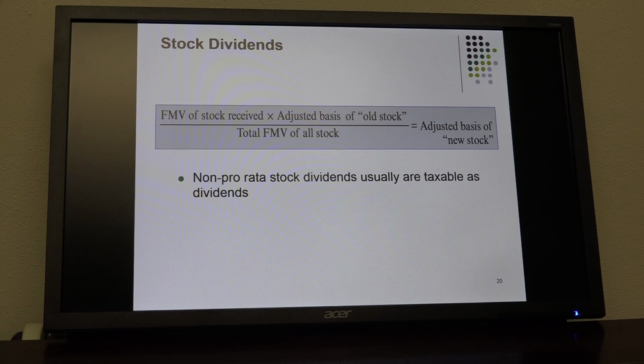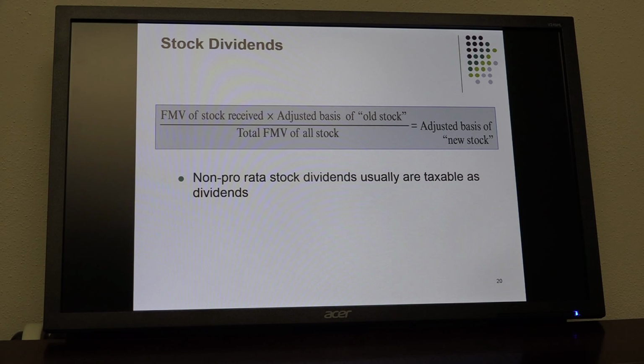Well, in that case, those who receive cash are going to have less as far as a percentage ownership in the total stock of the corporation, whereas those who choose stock are going to have an increased interest in the total shares of the corporation.